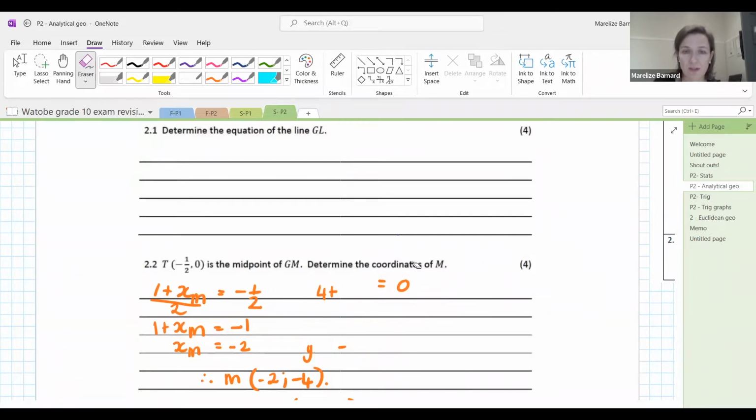Euclidean geometry. Okay, so we'll do a little bit of analytical and then we'll do some Euclidean. And then we can find out from Kumo as well if there's something that they want to do.